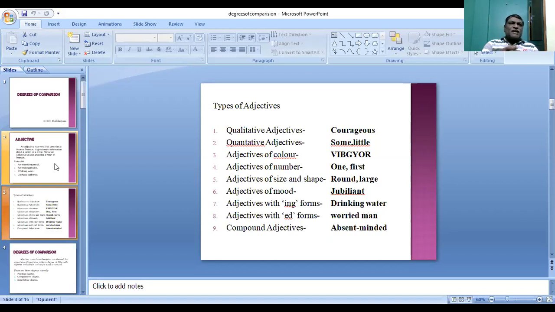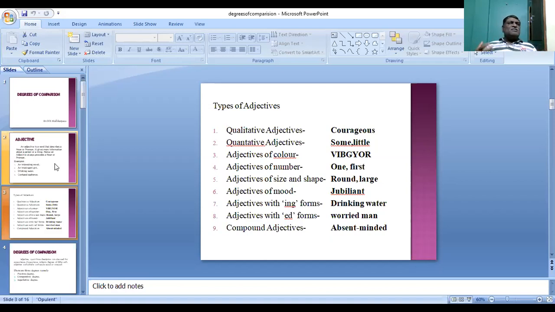Suppose you are talking about an incident or an event, describing a wedding that you have attended, or a novel that you have read recently.